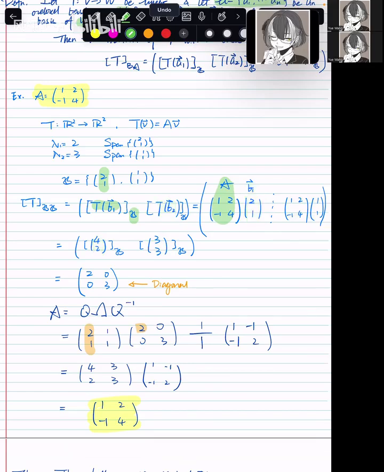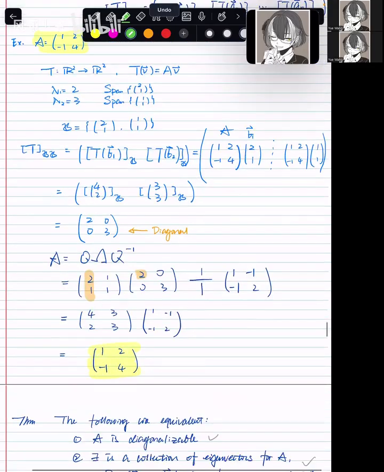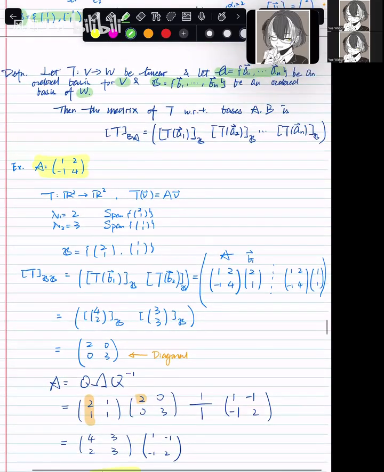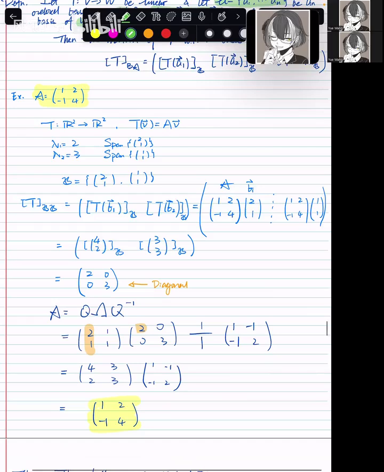But now we need to express them in the basis B. So we just do a vector representation. To represent (4, 2) with these two vectors, it will be 2 times the first vector plus 0 times the second vector. So it'll be (2, 0) in the first column. Similarly for this one, it will be 0 multiplied by the first vector and 3 multiplied by the second vector, so the matrix is [2 0; 0 3].